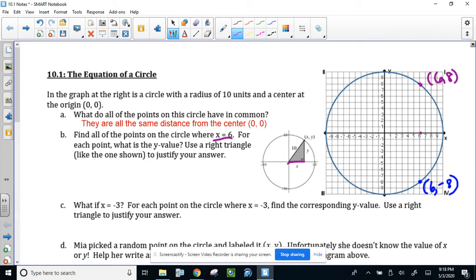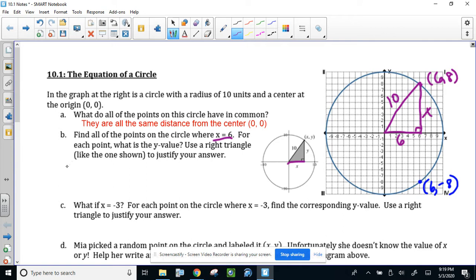It says use a right triangle to justify that this point is in fact part of the circle. Well, we said that all of the points on the circle are 10 units from 0. And we can see here that we went out 6 units. Since we went directly up, we made a right angle, so now we have to verify, is that in fact going to be a height of 8?